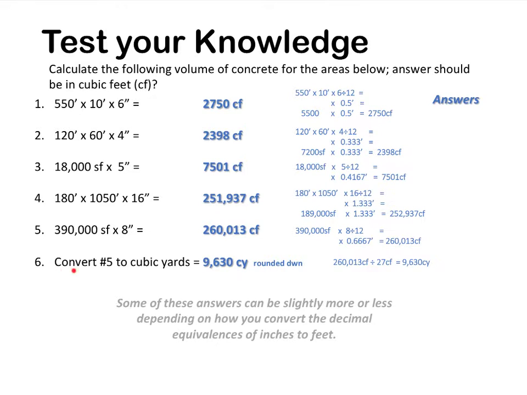And number 6, we're going to convert number 5 into cubic yards. So we're taking this 260 and dividing it by 27 cubic feet, you get 9,630 cubic yards. And just to note, when you do it in your calculator, we rounded it down because you don't buy portions of a cubic yard.